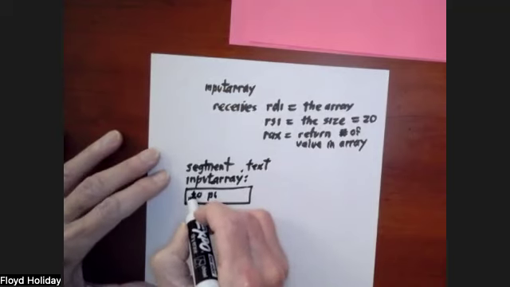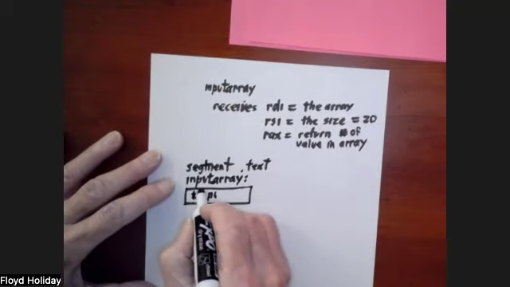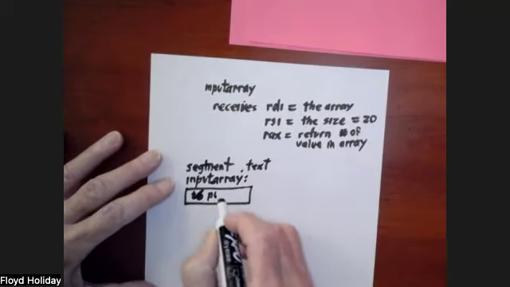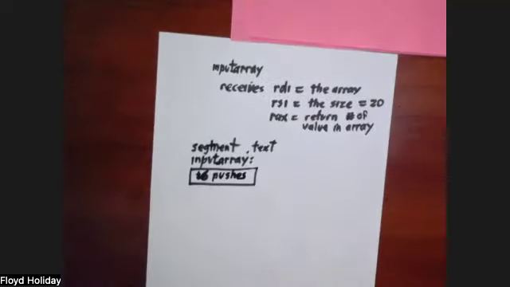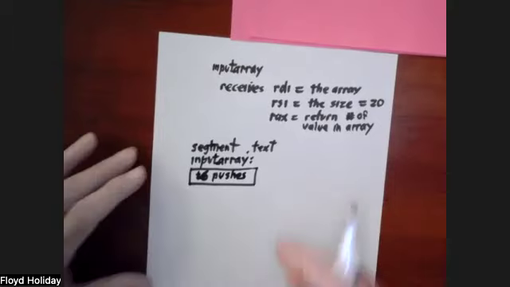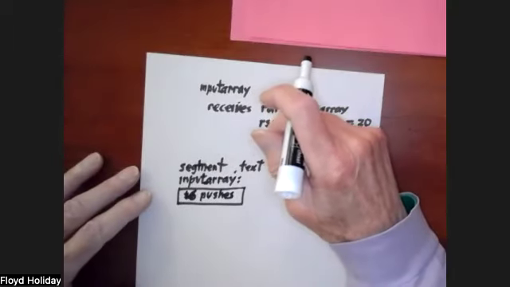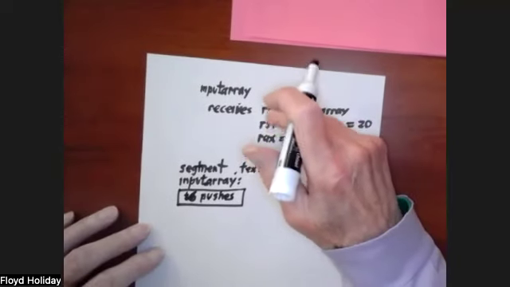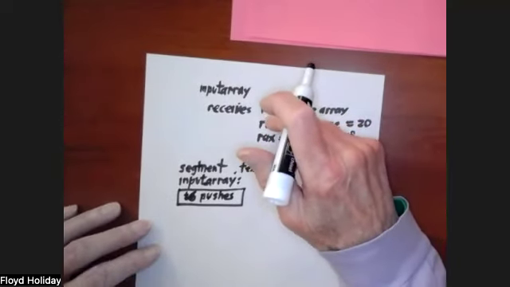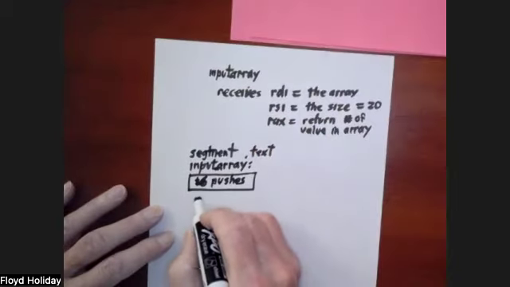I'm thinking of the size of the array. Can you read that? 16 pushes. Now, 2 input values came in under the name of registers that tend to be volatile. They tend to change a lot. Let's save them in a safer place.